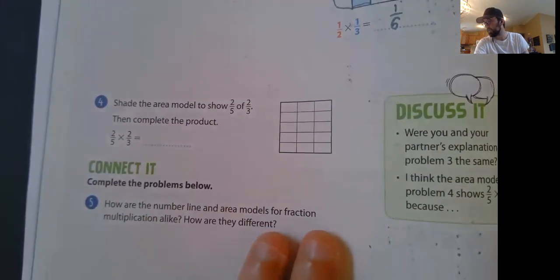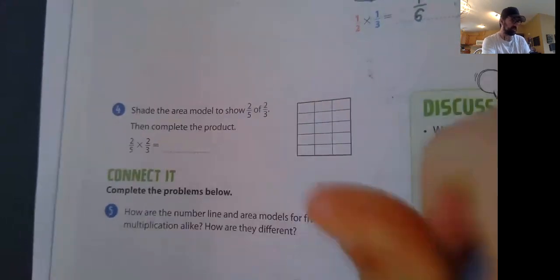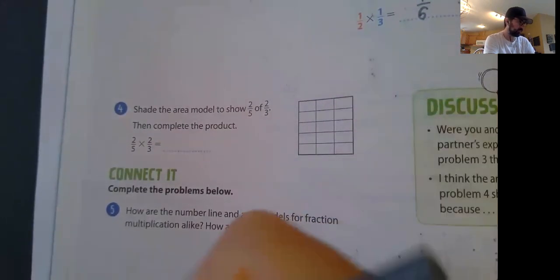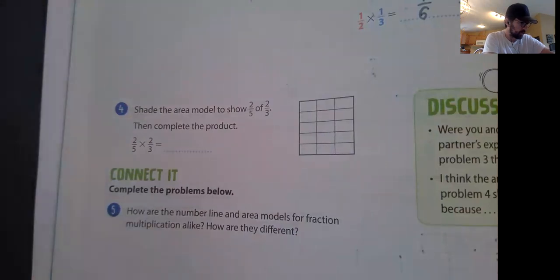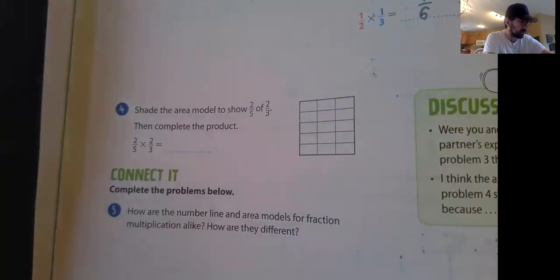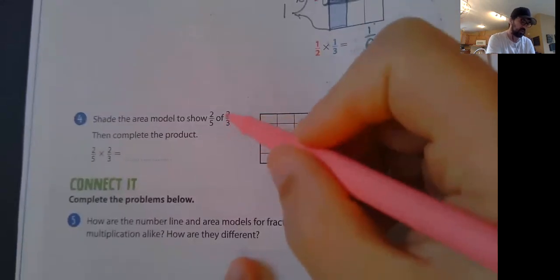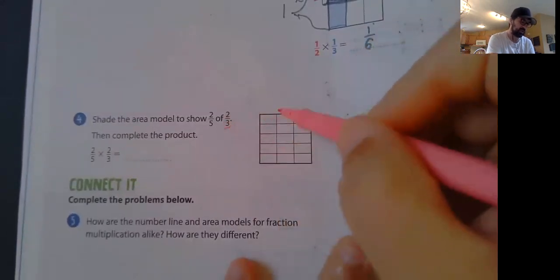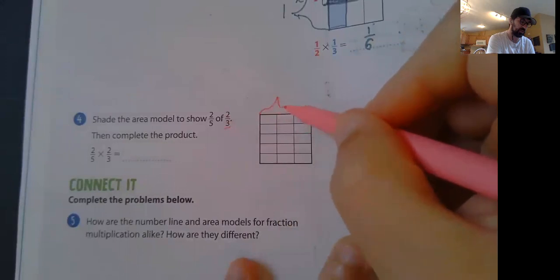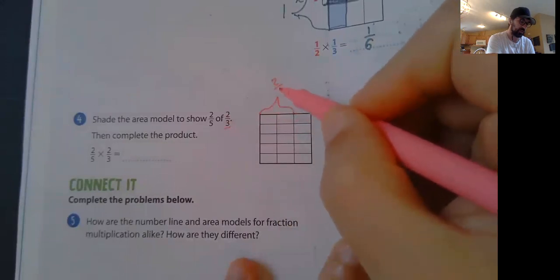Okay, now that you're back, let's break this down. I'm going to use a different color. So we're showing 2/3. Because these are broken into thirds, I'm going to show 2/3, right?